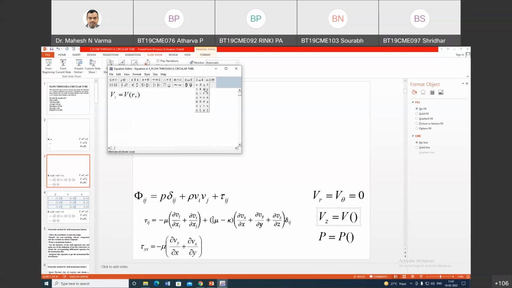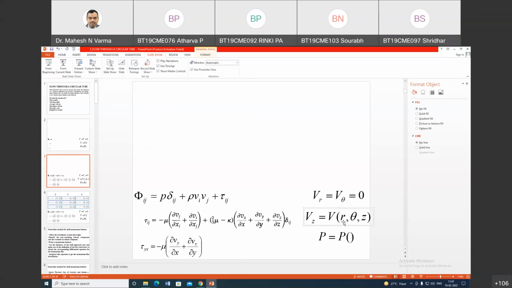Sir, because in circles it is symmetrical, so in any radial direction we will get the same velocity at a single point. So this is a function of r only. You are saying it is not a function of theta because the problem is symmetric.